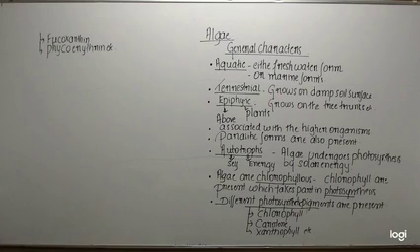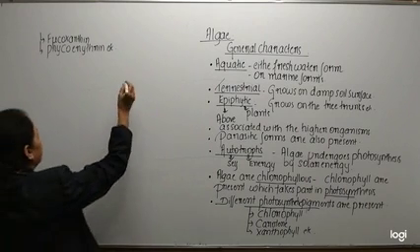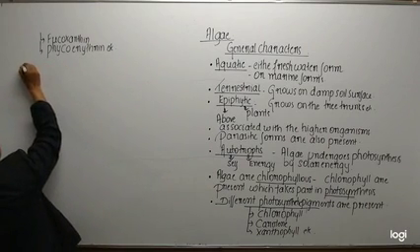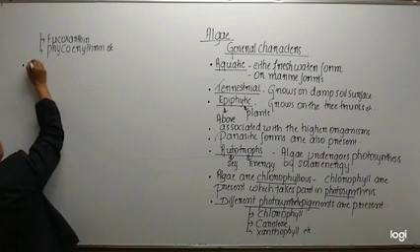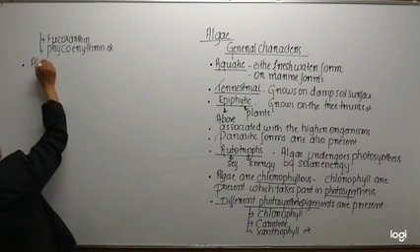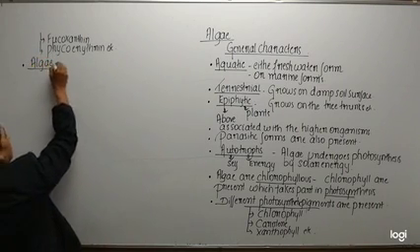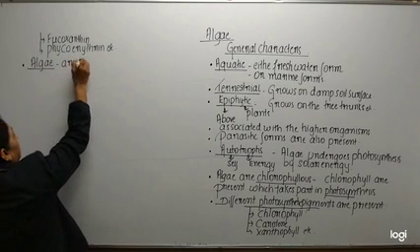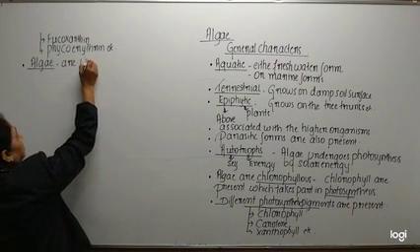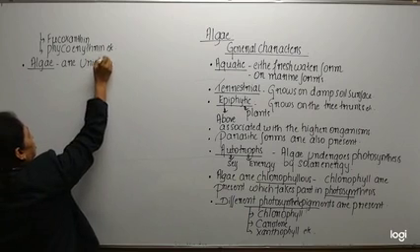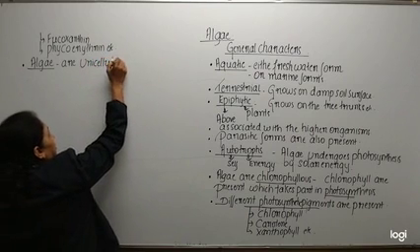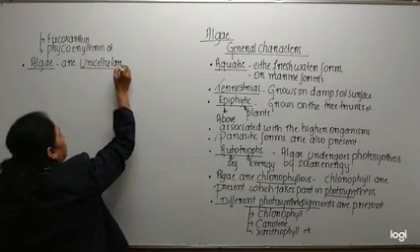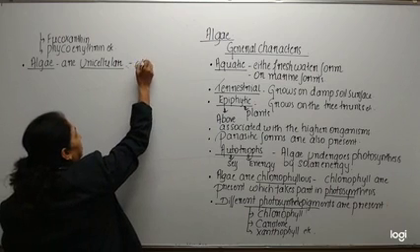So coming to the structural organization, algae are usually multicellular. Some unicellular forms are also present, like chlorella.